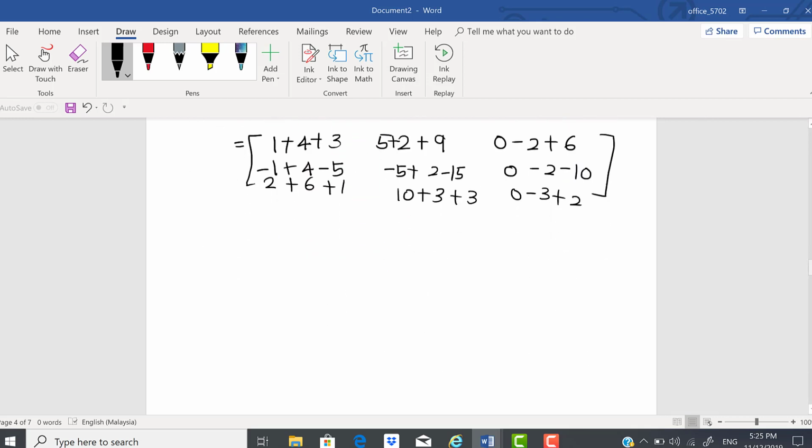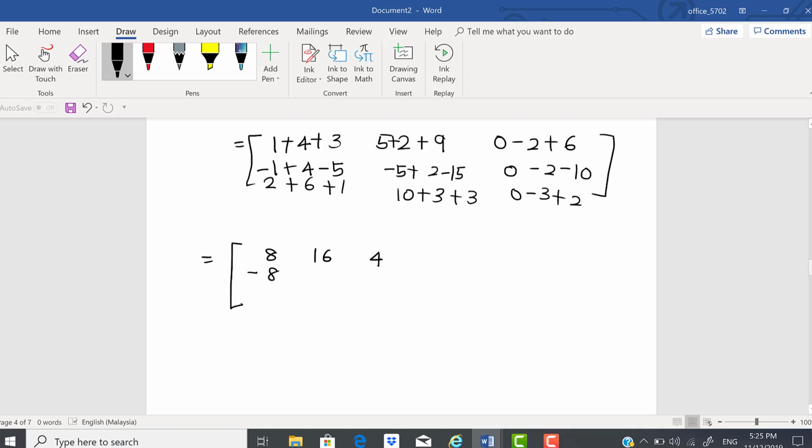Then we have to simplify. 1 plus 4 plus 3 is 8. 5 plus 2 plus 9 is 16. And we have 0 minus 2 plus 6 is 4. Negative 1 plus 4 minus 5 is negative 8.